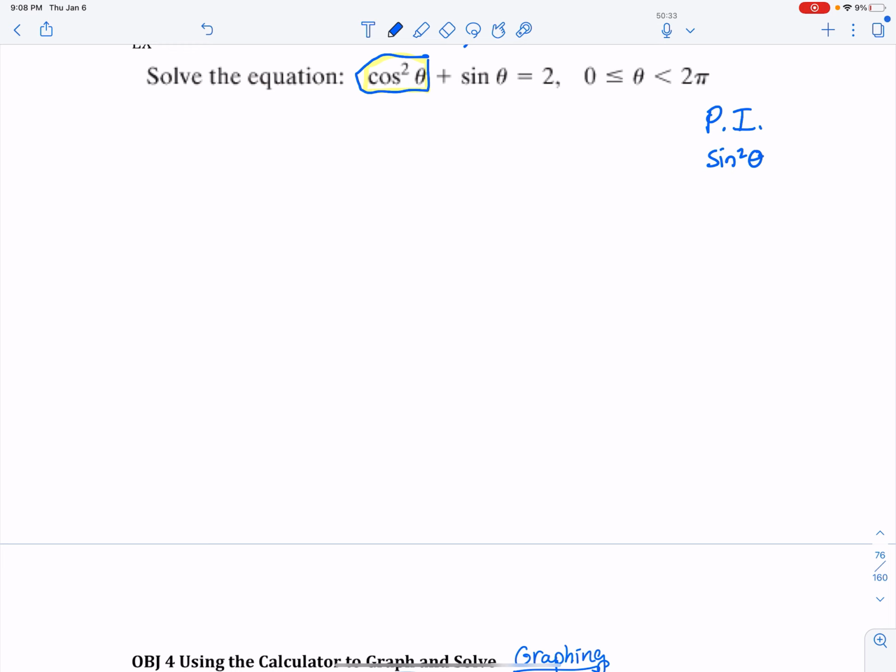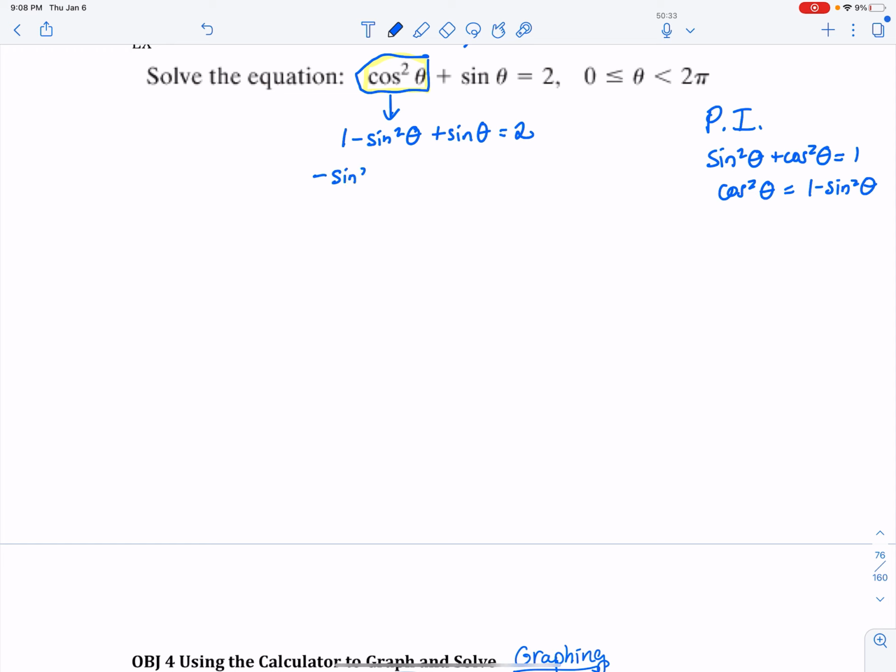Remember, it's sine squared theta plus cosine squared theta equals 1. So I want to get cosine squared theta by itself, so this is going to equal 1 minus sine squared theta. So I'm going to use substitution. So cosine squared theta, I'm going to substitute that in for 1 minus sine squared theta. Now I have everything in terms of sines.